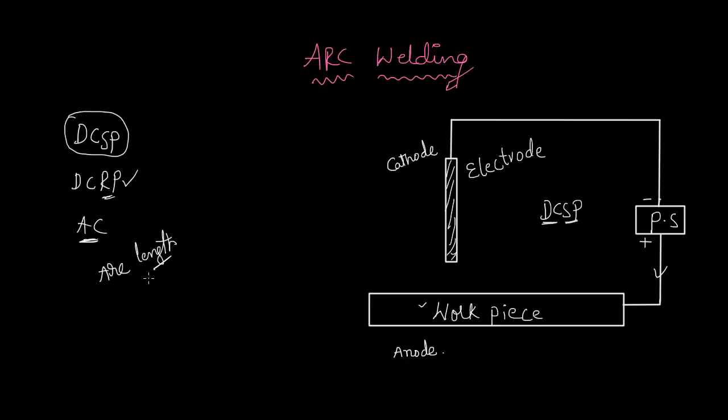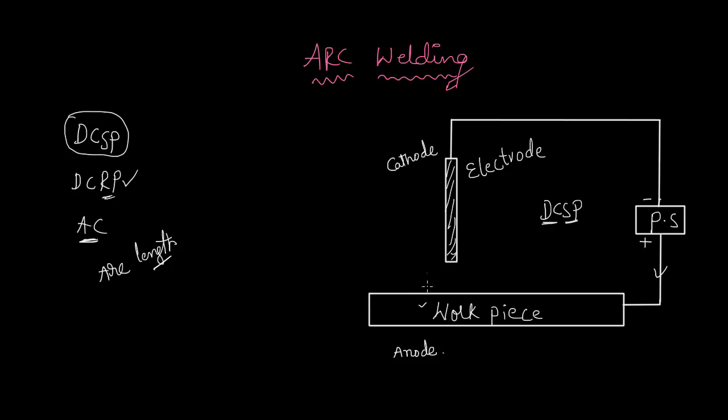The arc voltage can be altered by altering the arc length. If I increase the arc length, the arc voltage will increase. If I decrease the arc length, the arc voltage will decrease. Arc voltage has a linear relationship with arc length.